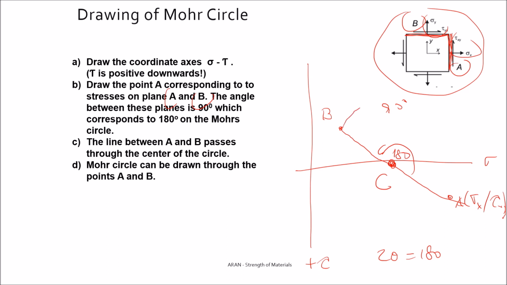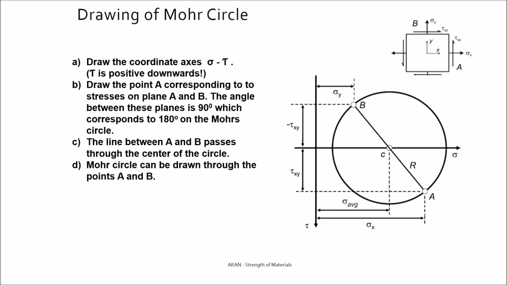So it means that you can easily draw the Mohr circle like this. Clearly, point A and point B have their coordinates as you see, and you connect the line AB and find the center.